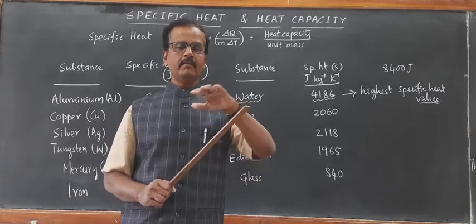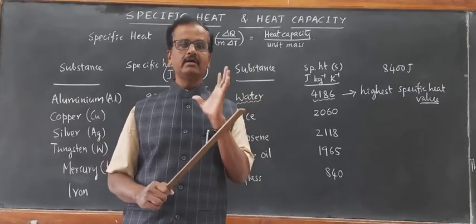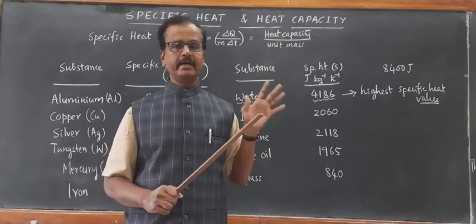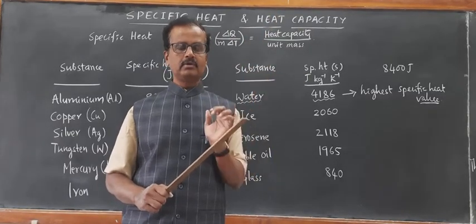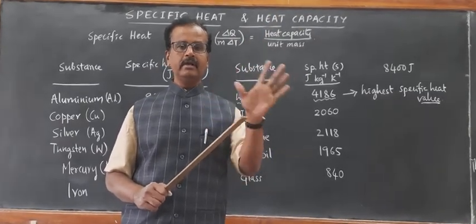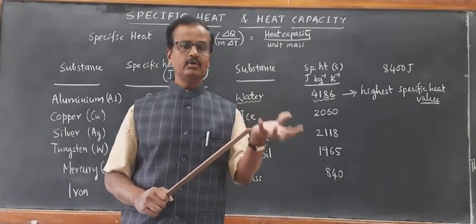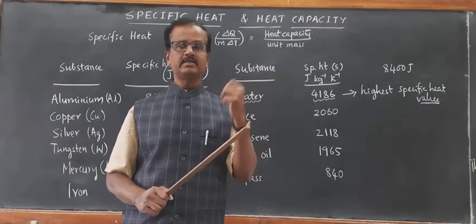So if you are moving around a water body like a lake or a river, you will be having a cool breeze. Although during daytime it's very hot around us, but if you are very close to a river or a lake, you will be getting cool breeze because water is still at a lower temperature. It heats up very slowly.